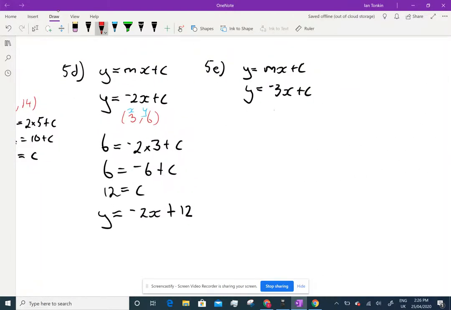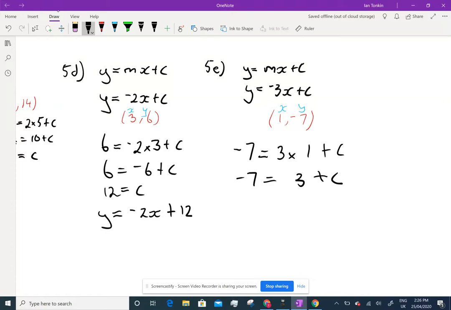So 1 and negative 7. Remember, that's your x and that's your y. So negative 7 equals 3 times negative 1 plus c. Negative 7 equals negative 3. Hold on, it's not negative 1. It's just 1 plus c.